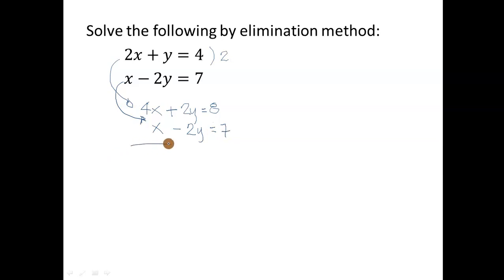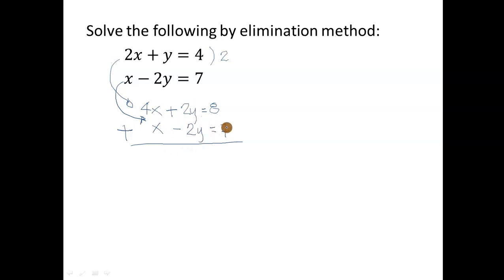Then after that, let us eliminate y. To eliminate these two terms here, positive 2y and negative 2y, we have to add the two equations so that this positive 2y, when we add it to negative 2y, the answer will be equal to 0. In that case, we eliminated the variable y.